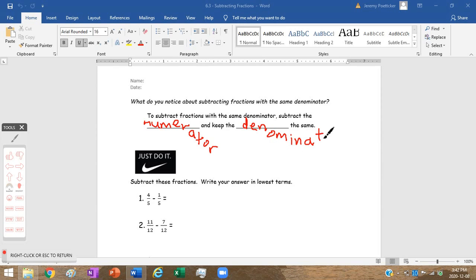You can write it on the lines, I don't doubt, I'm just struggling on the screen here. Sorry, we subtract the numerators and keep the denominator the same.